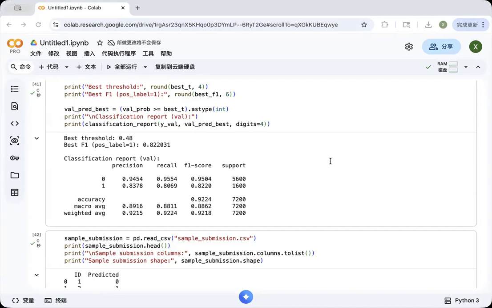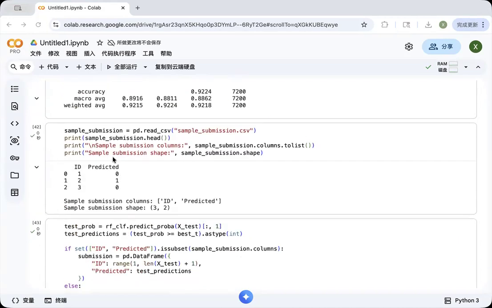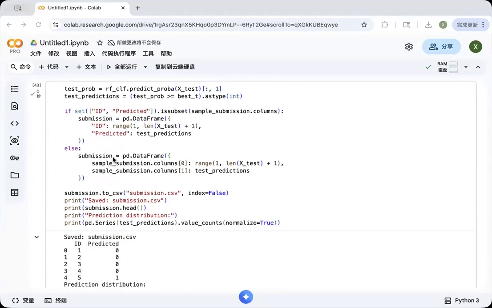Second, we tune the decision threshold. Instead of using the default 0.5 probability cutoff, we search across thresholds to find the value that maximizes the F1 score. For LightGBM, the optimal threshold was around 0.59. Threshold tuning is particularly important in a loan approval setting.